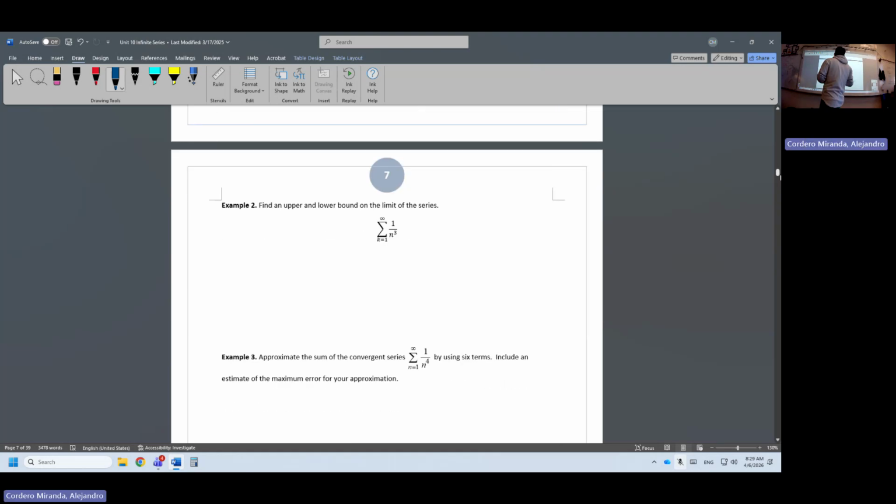It says find an upper and lower bound for this series, which is the one we just worked on. According to the box up there, a lower bound for the series would be the integral that we just took. And an upper bound would be the first term of this plus the integral that we just took.